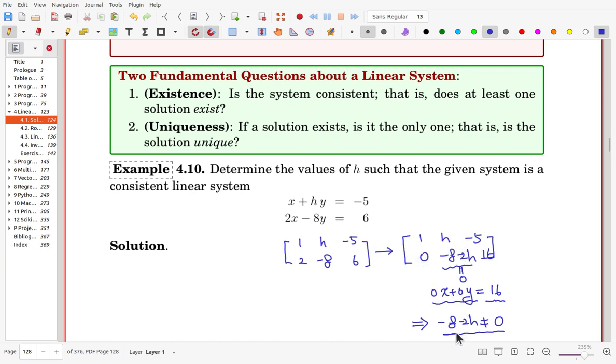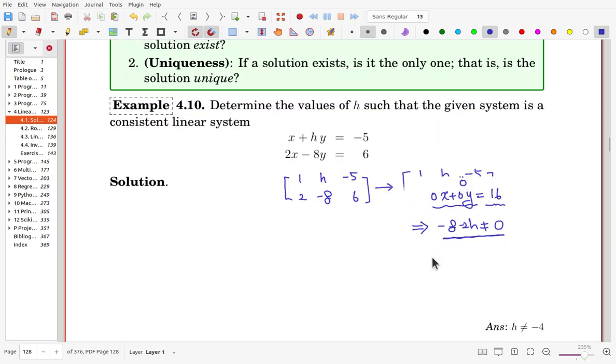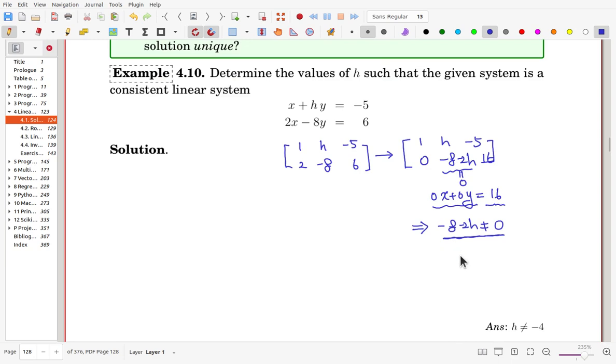So h is any value except this one, that is, h is not -4. So if h is not -4, then it has a solution, and the solution is unique, right?